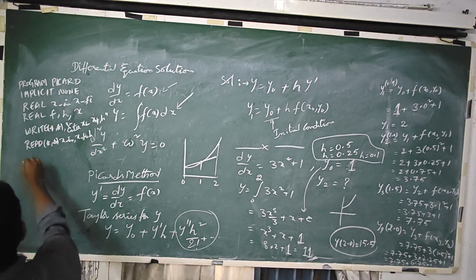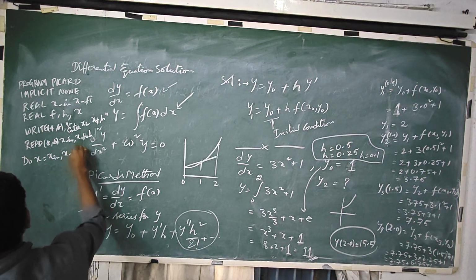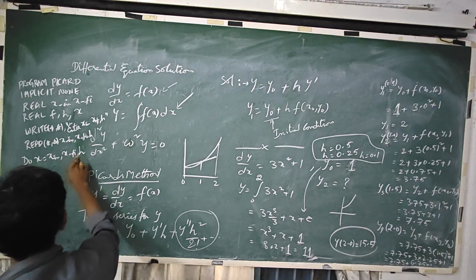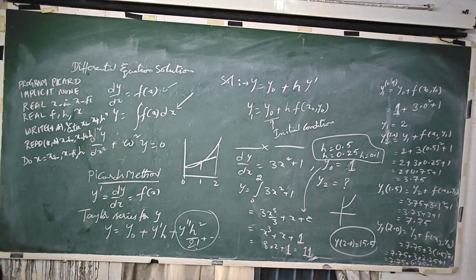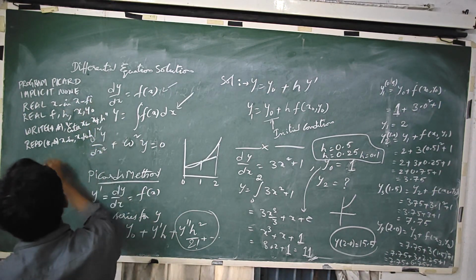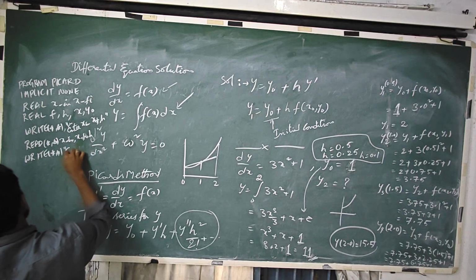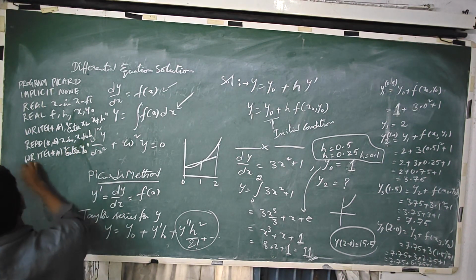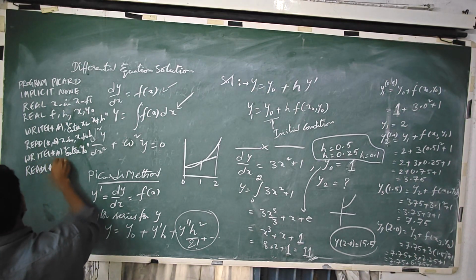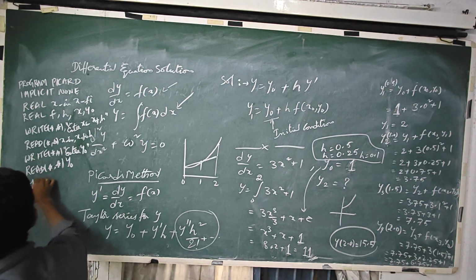Then do X is equal to X initial to X final with the step size of H. We have to initialize the Y value. So I'm starting with Y is equal to Y0.